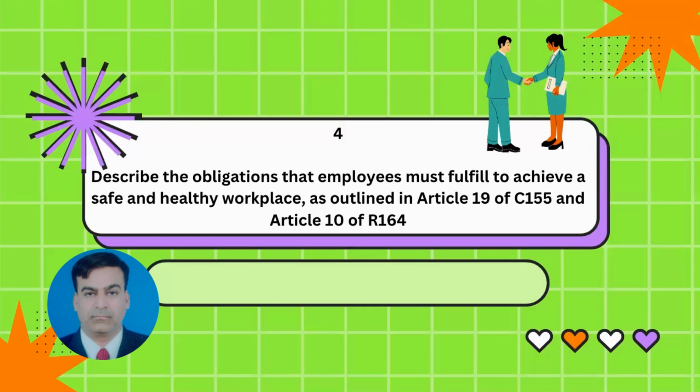And providing feedback and suggestions. Workers can contribute to improving safety by providing feedback and suggestions to their employers. This can help identify potential hazards and propose measures to mitigate them. By actively cooperating with their employer, workers can play a crucial role in maintaining a safe and healthy work environment for themselves and their colleagues.